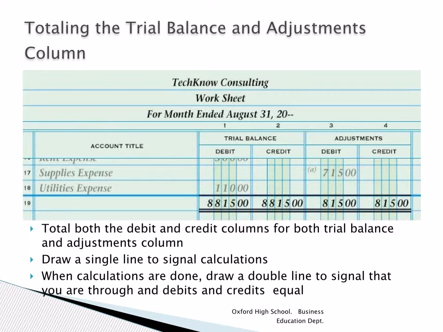Now, for the credit section of the adjustments column, you're going to have a credit entry for prepaid insurance and a credit entry for supplies. Both of those will total $815 for each side. When calculations are done, draw a double line to signal that you are through and that the debit and credits do equal. Now, we're going to the next slide.